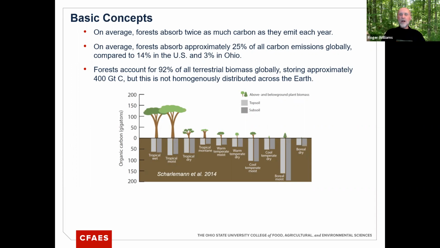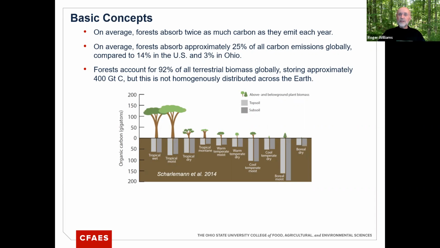So the amount of carbon that is sequestered and stored, and the rate at which it's sequestered in a forest, is going to depend on many factors. And we've already talked about some of those, but it's also going to depend upon additional factors such as climate, right? Warm versus cool climates, dry versus moist.